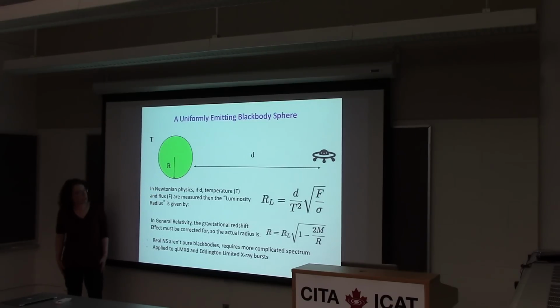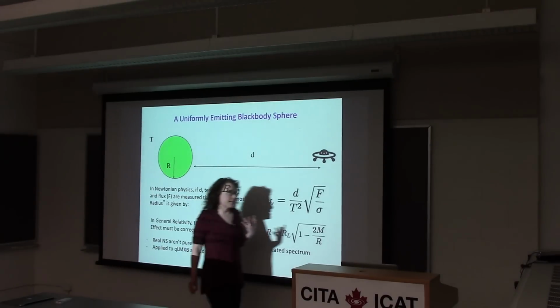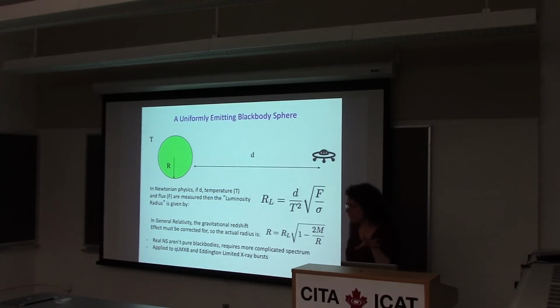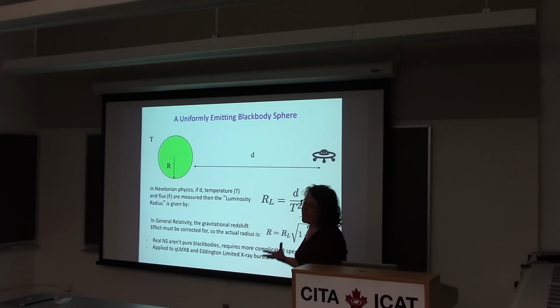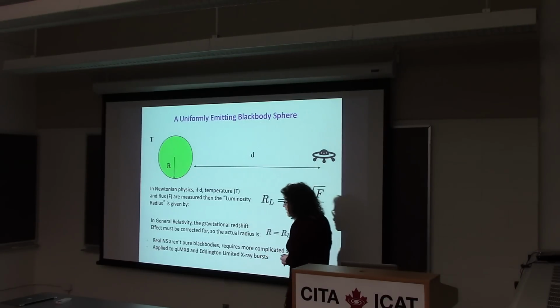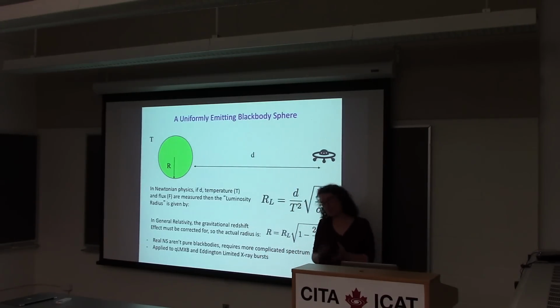And in general relativity, the radius that you get is called the luminosity radius, R_L, and we have to correct for that, but it's well understood how to do that. Now, that's obviously an oversimplification.